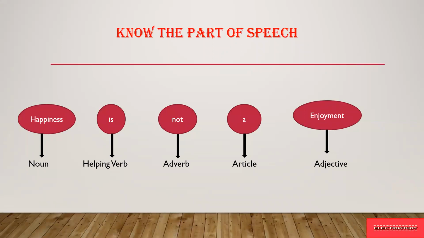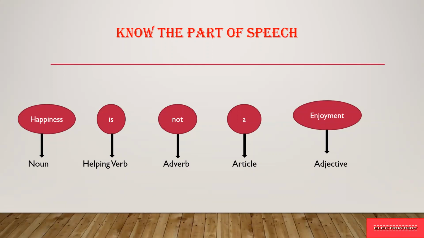So what is noun? Noun is nothing but whatever we are featuring. Say suppose a student is studying in the class, student becomes the noun. So whom you are featuring or what you are featuring, that will be your noun. So noun followed by any word which connects to adverb or adjective, whatever it is, then the connecting word will be told as helping verb. And you obviously know what is article.